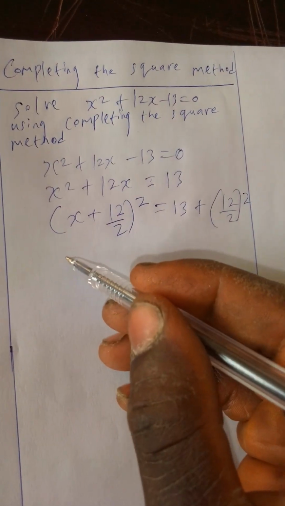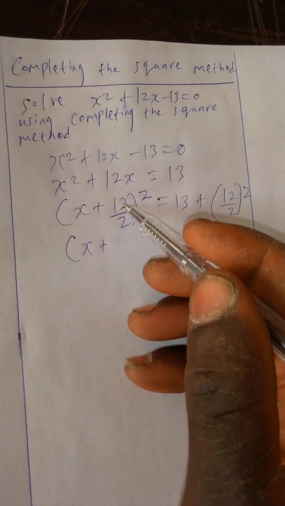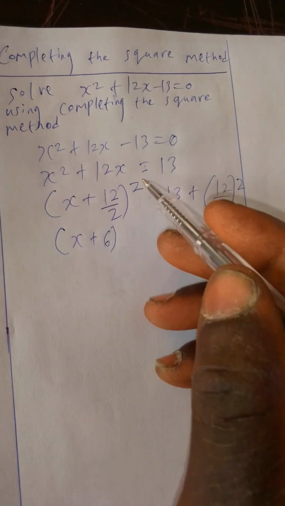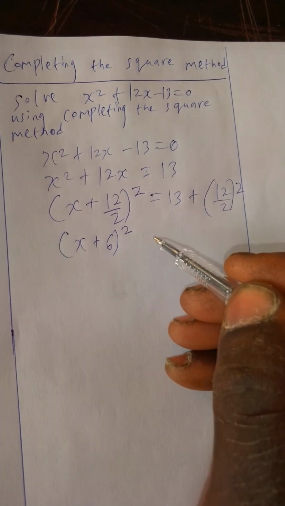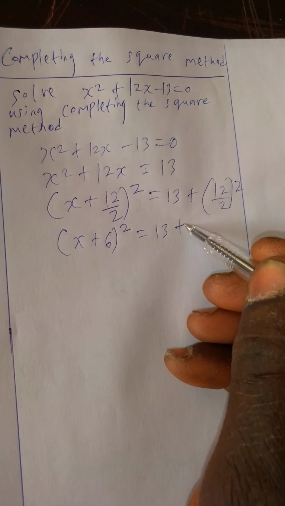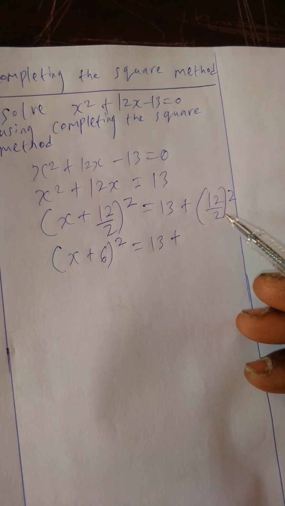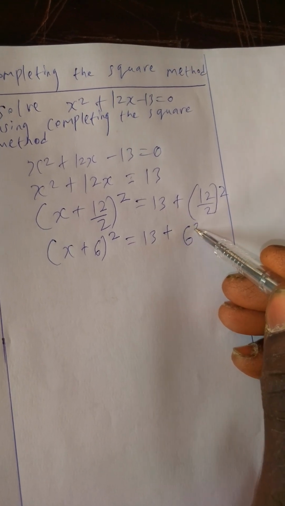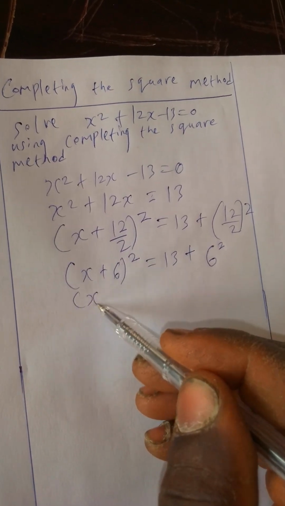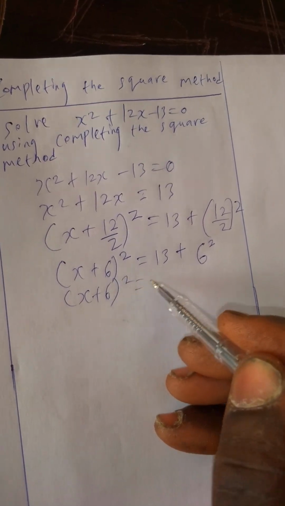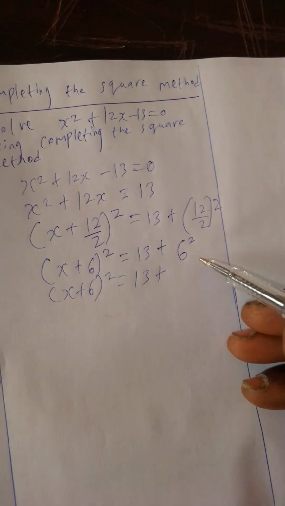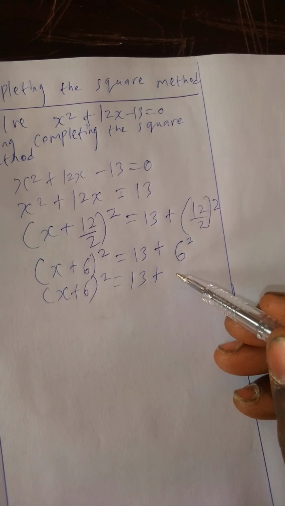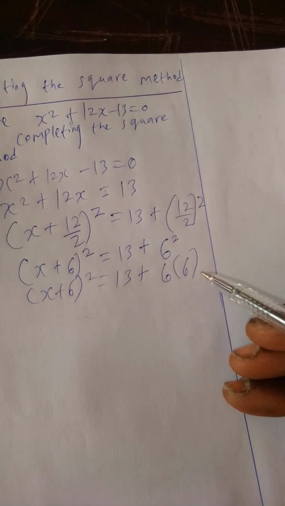Now we have x plus 12 divided by 2, which is what? 6. Don't forget your square. All squared equals to 13 plus 12 divided by 2, which is what? 6. Then what? Our square. So we have x plus 6 squared equals to 13 plus 6 squared, which means 6 times 6.